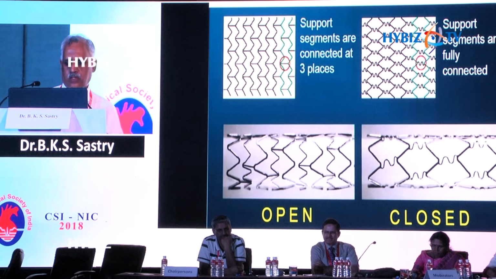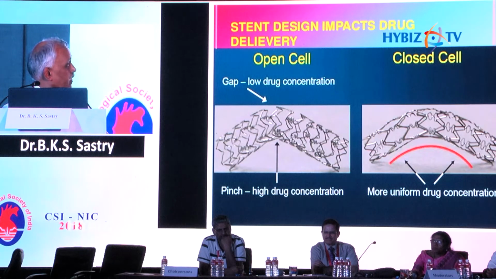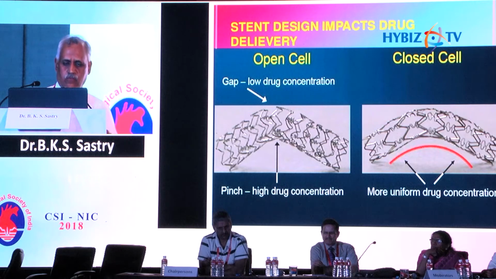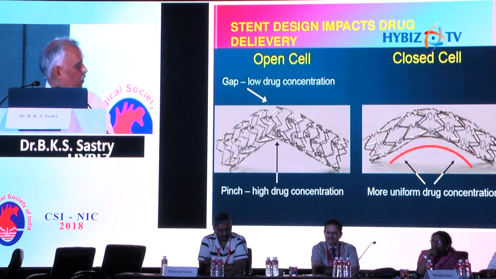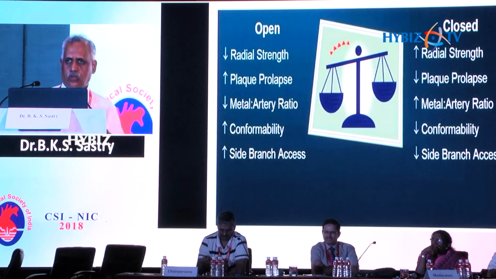Another problem with open and closed cells is that in open cells, in a tortuous vessel bend, on the convex upper surface there will be less drug delivery because there is not much metal there with polymer and drug, whereas on the lower surface the drug will be more concentrated. So there are both advantages and disadvantages.